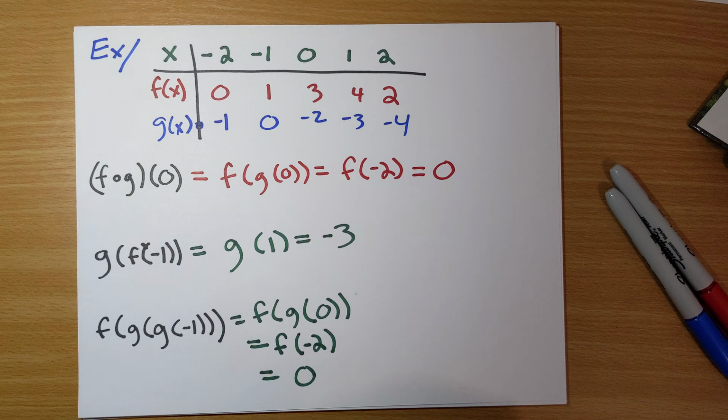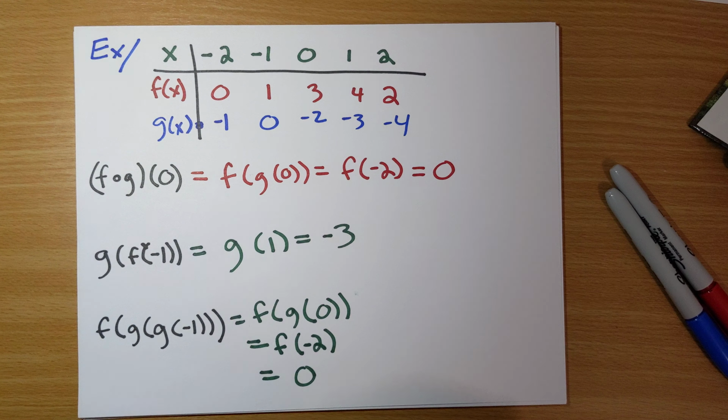The other example I want to do here in this video is composite functions using a graph. So I'm not telling you what the equations of these functions are. I mean, if you're assuming that these are straight line functions, it would be easy enough for you to figure out equations of these functions.